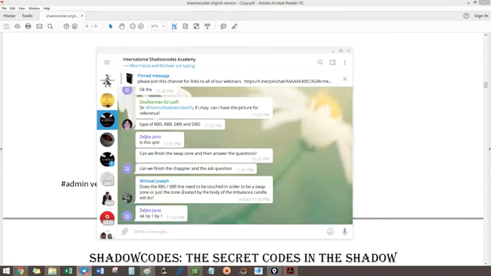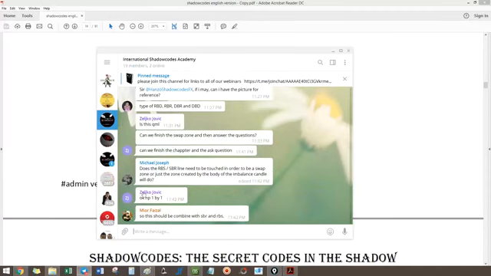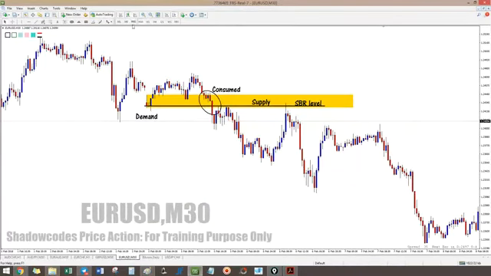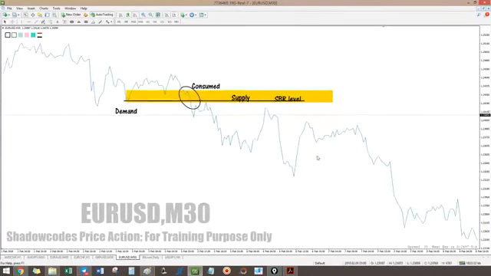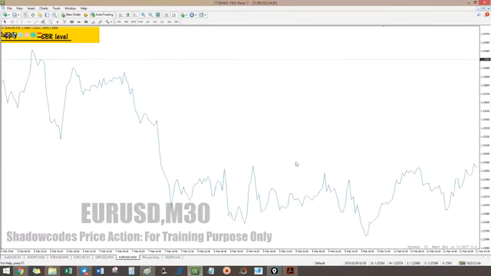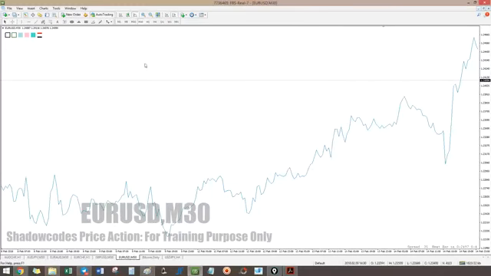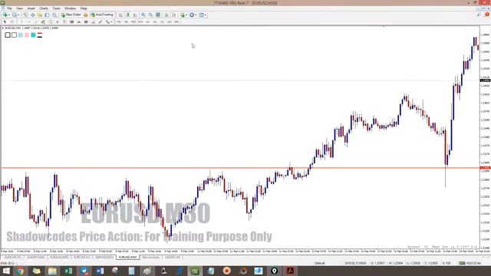Does the RBS SBR line need to be touched in order to be a swap zone, or just the zone created by the body? This one is a good question. So let's go to untested RBS. Look, if this is tested, not a good one. It's broken.